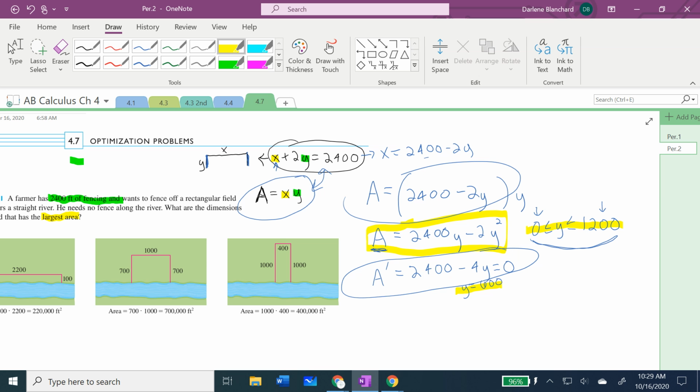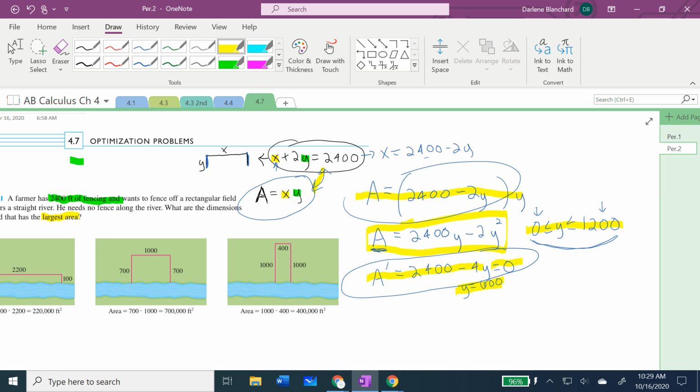But what you need to understand is if this were to show up on a free response on the AP test, they want to see your calculus. So you need to write those equations, get it all set into one equation. You've got to take the derivative, set it equal to 0, and solve. Then you have to justify.